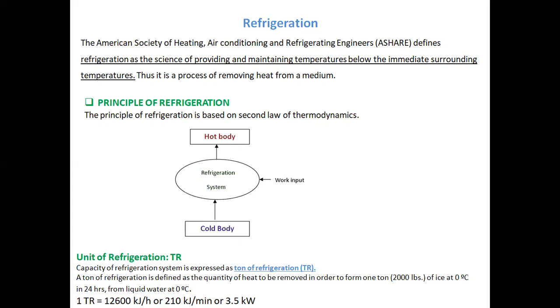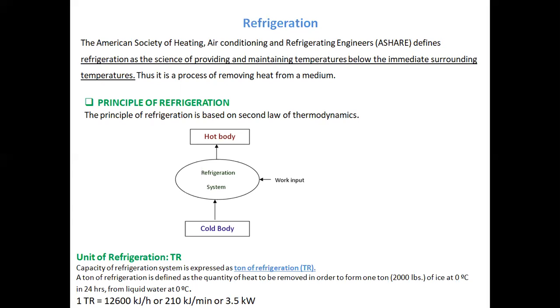Then the unit of refrigeration is TR, that is tons of refrigeration, and the capacity is expressed in TR. One TR is defined as the quantity of heat to be removed in order to produce 1 ton of ice at 0 degrees Celsius in 24 hours from liquid water at 0 degrees Celsius, right?